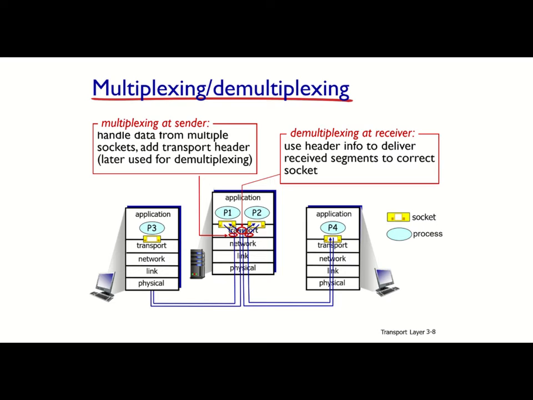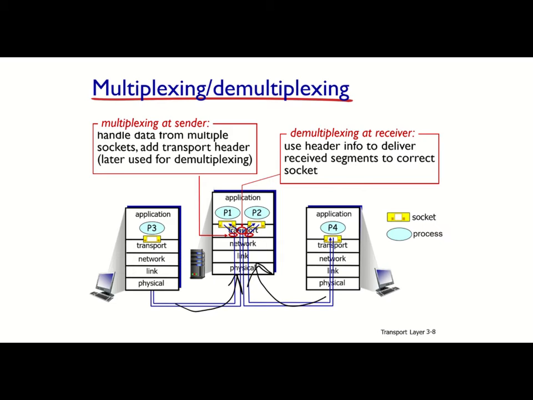So both messages from P3 and P4 are coming toward the middle host. So the middle host receives multiple messages from P3 and P4. So there should be a service that can demultiplex these messages and deliver them to the right process.